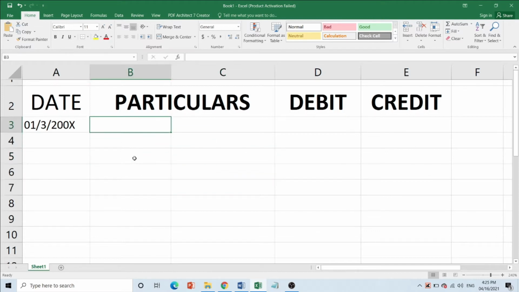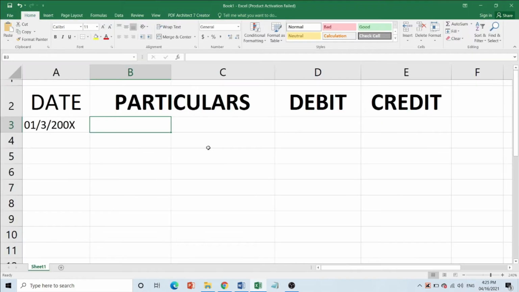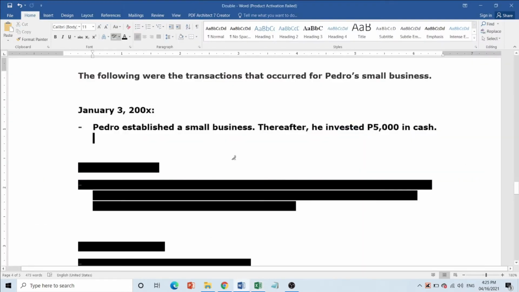Okay. So, ano po yung first transaction natin? Pedro established a small business. Thereafter, he invested 5,000 in cash. Okay. So, let us analyze first transaction.